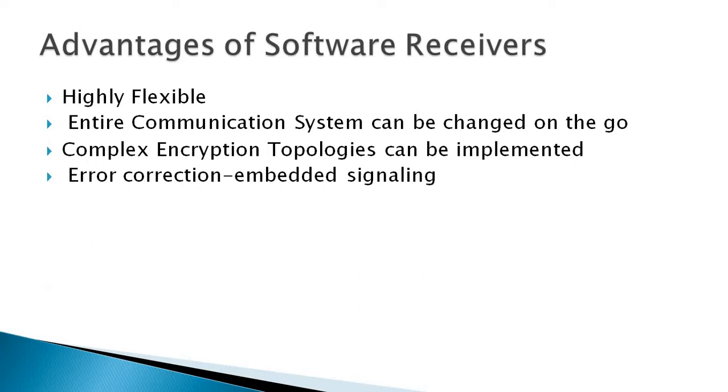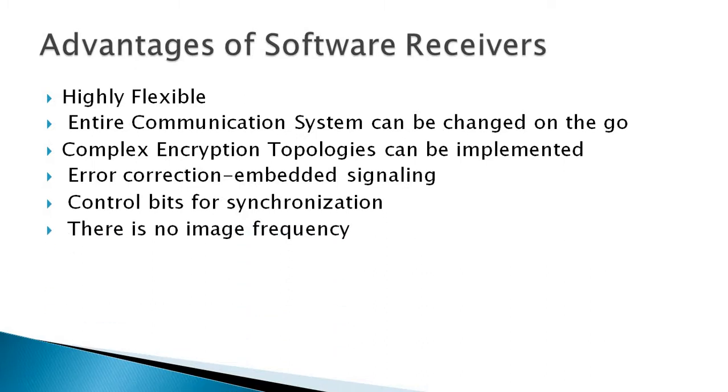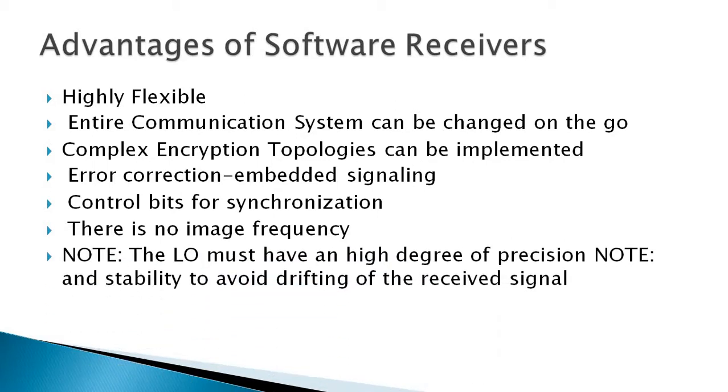Error correction, embedded signaling, control bits for synchronization. There is no image frequency. Note that the local oscillator must have a high degree of precision and stability to avoid drifting of the received signals.